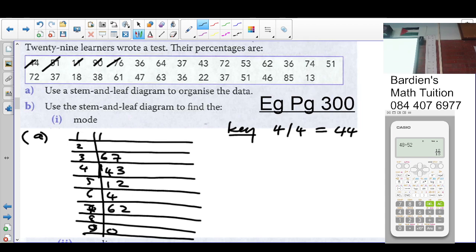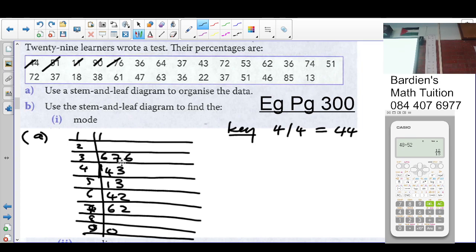Sorry? Not 52. Can somebody read out the order? It's not 70, it's not 52. It's supposed to be 53. So how do we carry on? 62.